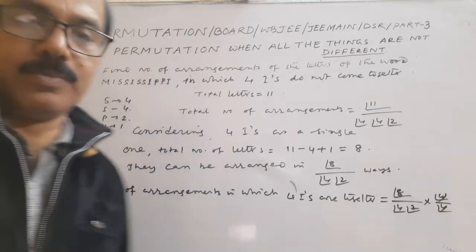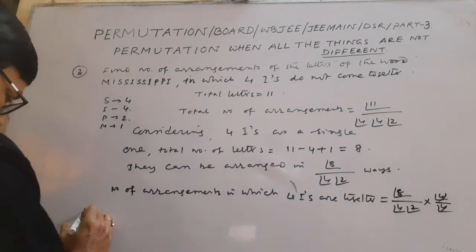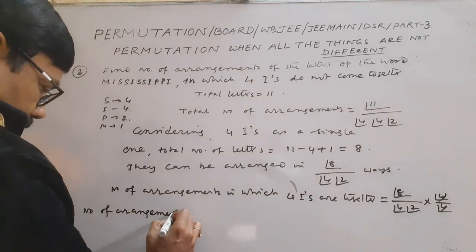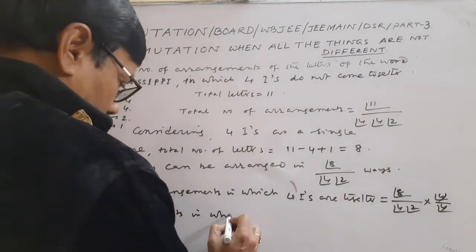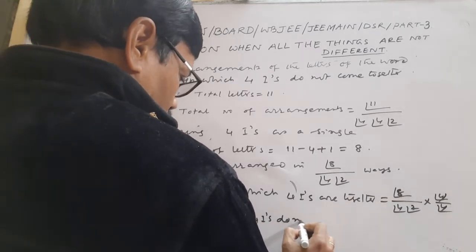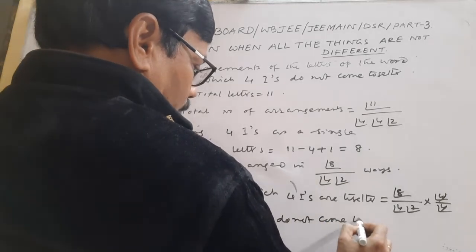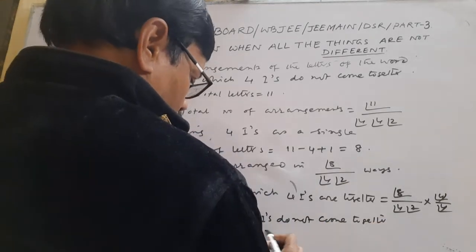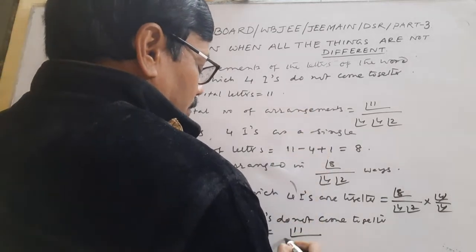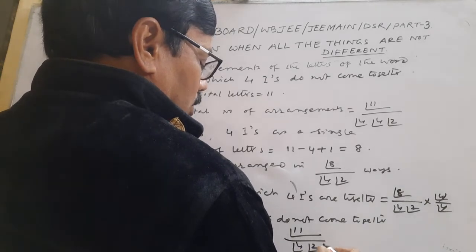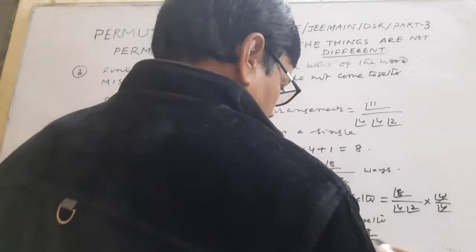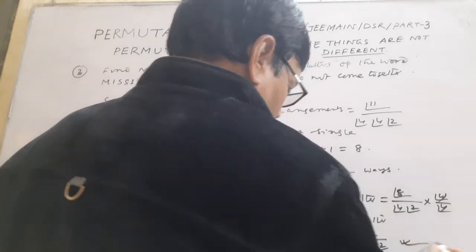So the number of arrangements in which 4 I's do not come together equals total arrangements, factorial 11 by factorial 4 into factorial 2 into factorial 4, minus factorial 8 by factorial 4 into factorial 2.